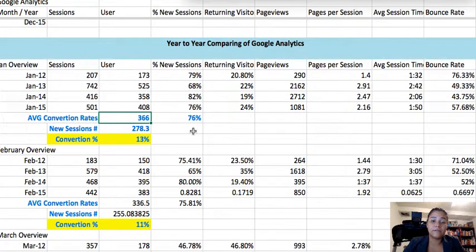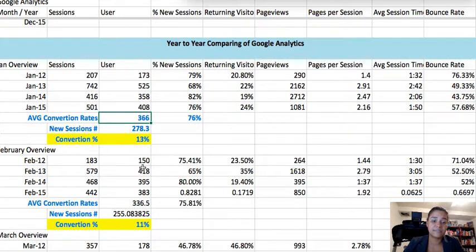So you can see here that the new sessions is about 76%. That means that 76% of the people coming into our website are new. They're not coming back to make payments or to read any specific information that we have shared with them via links from our new welcome package or anything like that. So these are new people looking for services.